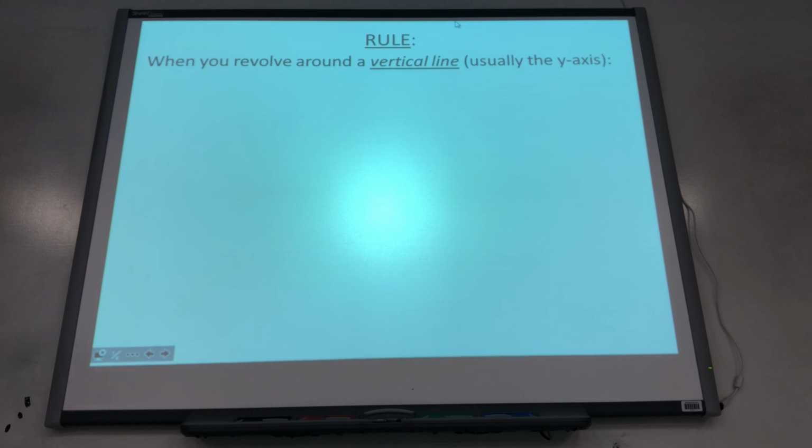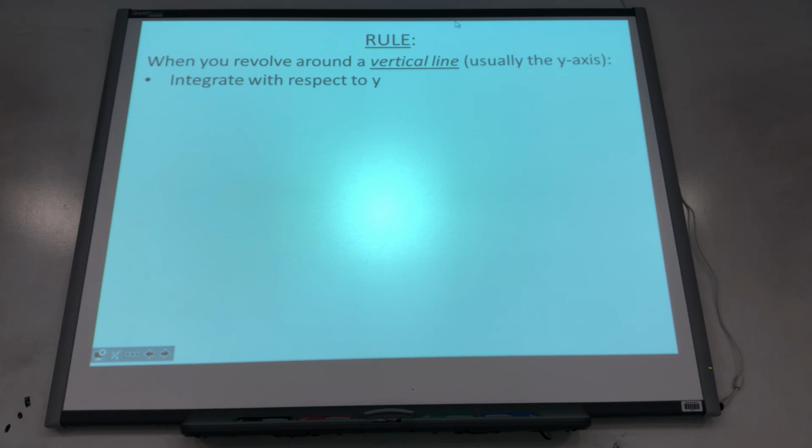But the rule says when you revolve around a vertical line, usually the y-axis, the first thing I'm going to put up here is that you need to integrate with respect to y. Just like you would if you were revolving around the y-axis.